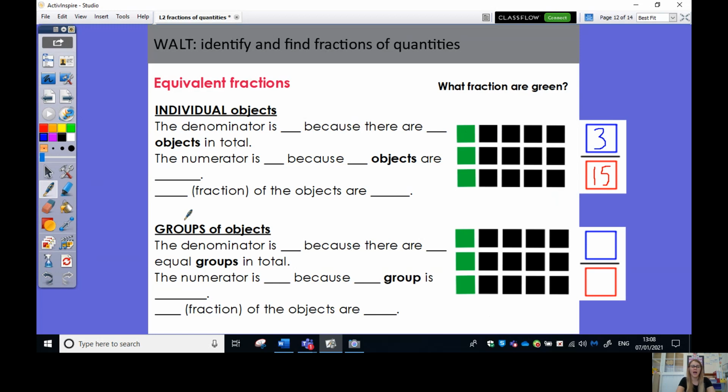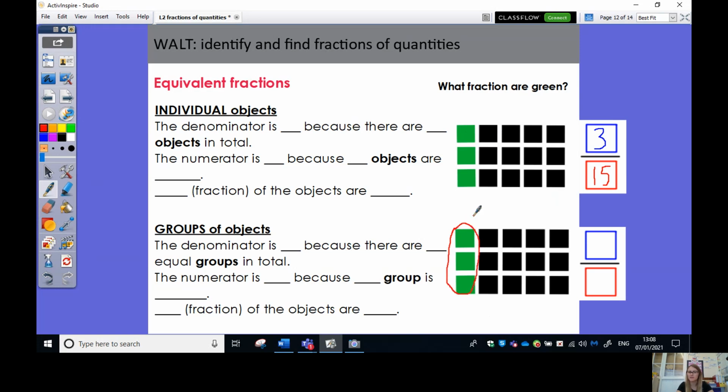Okay, so this time we're going to be looking at groups of objects. So the denominator is going to be what? Now this is the tricky part because I need to break them up into equal groups. So hopefully you can begin to see how I might split these up. So look really carefully at how many are green already.